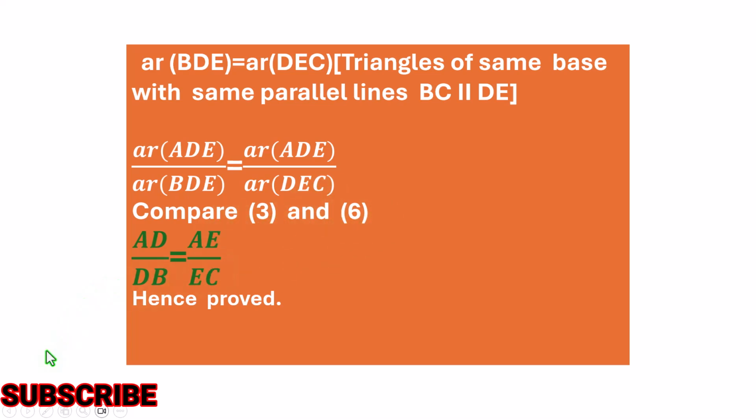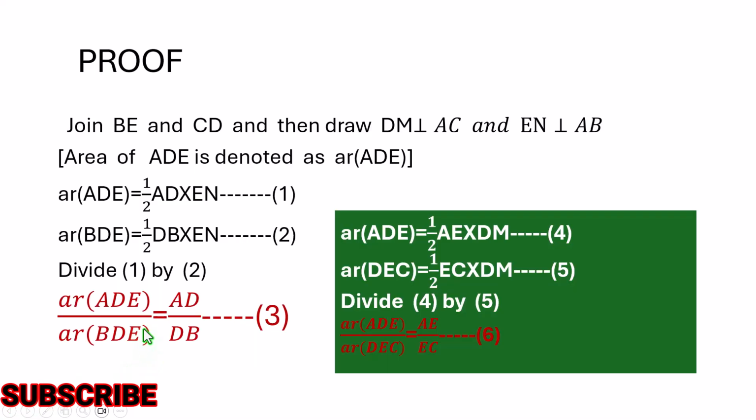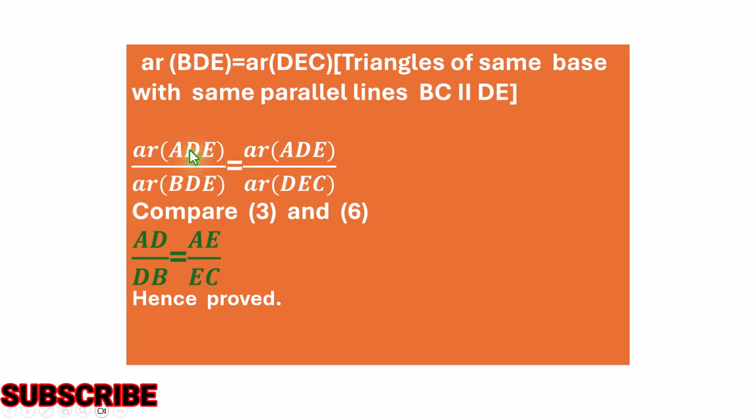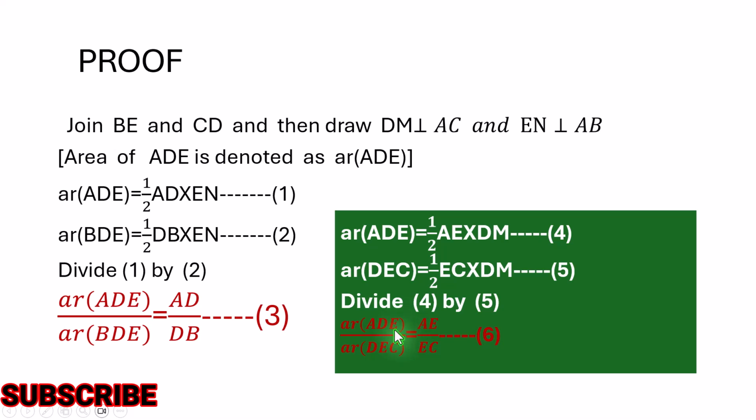Compare equation 3 and equation 6. In equation 3, the left-hand side is area of ADE by BDE. In equation 6, the left-hand side is area of ADE by DEC.